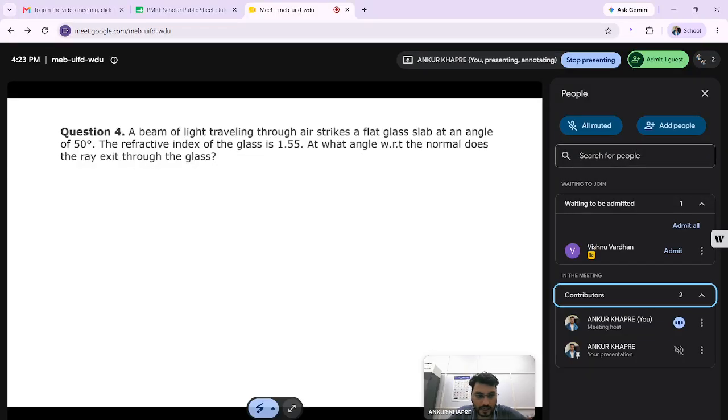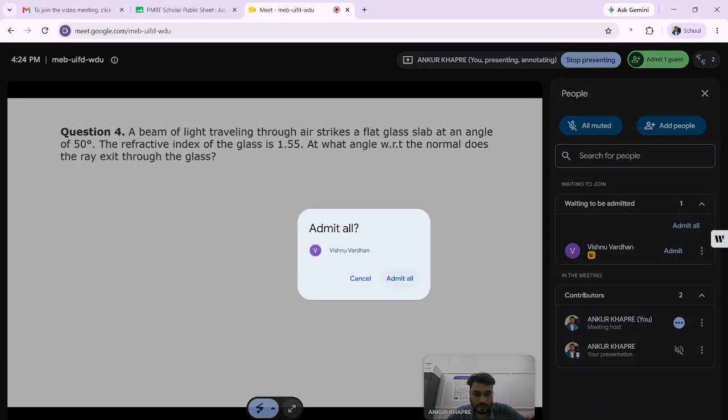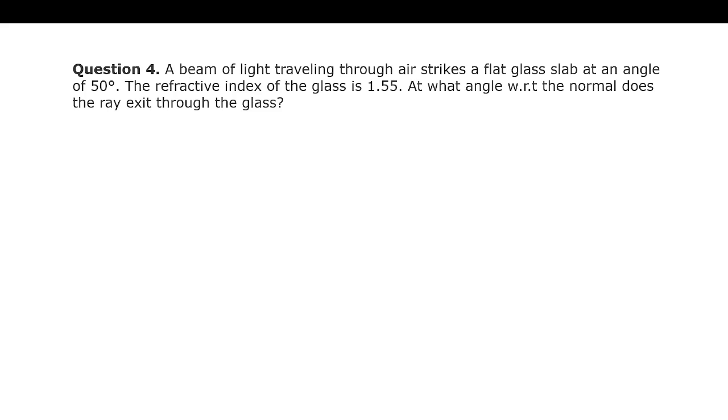Now moving towards the next question. Question number 4: a beam of light traveling through air strikes a flat glass slab at an angle of 50 degrees. The refractive index of the glass is 1.55. At what angle with respect to the normal does the ray exit through the glass?